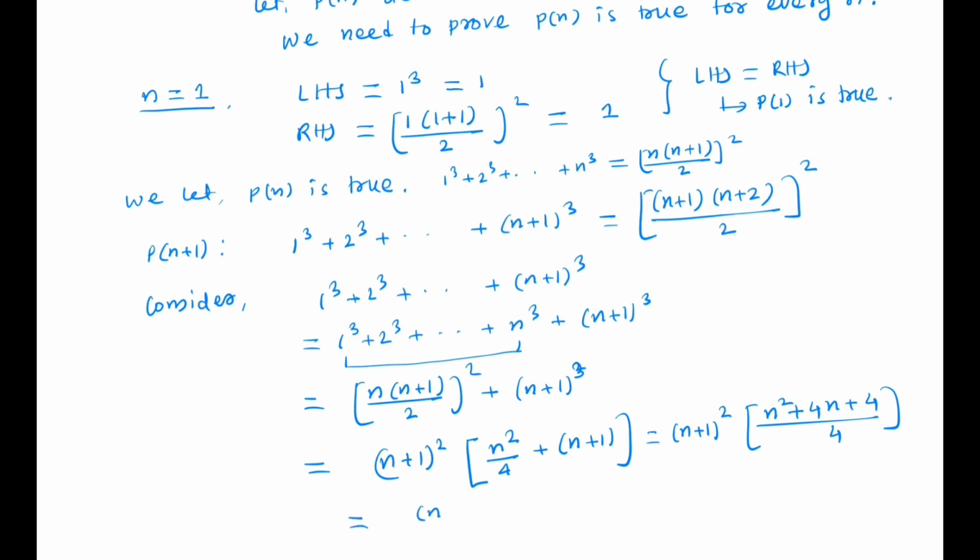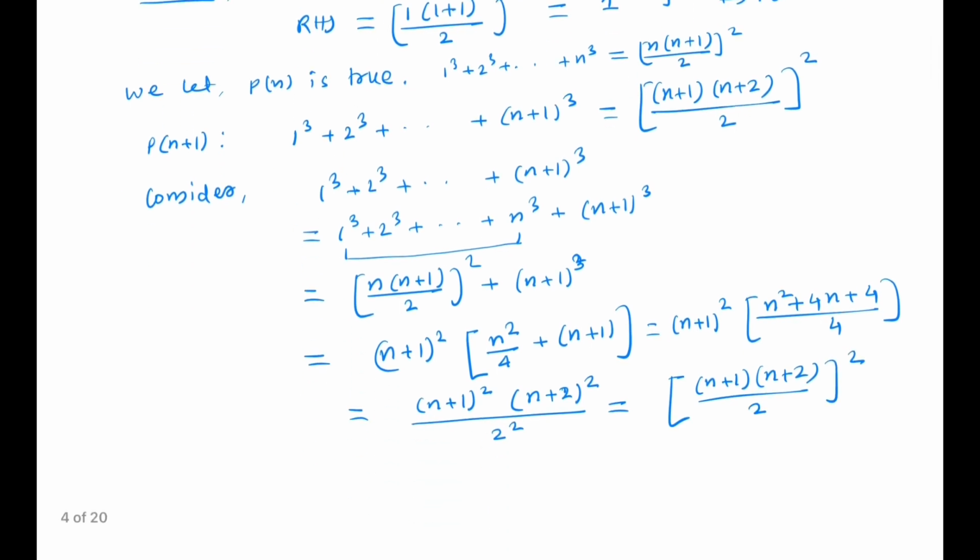And we know that the expression in the bracket is nothing but (n plus 2) whole square and 4 is nothing but 2 square. So we can write this as (n plus 1)(n plus 2) by 2 whole square. So we get that P of n plus 1 is true.